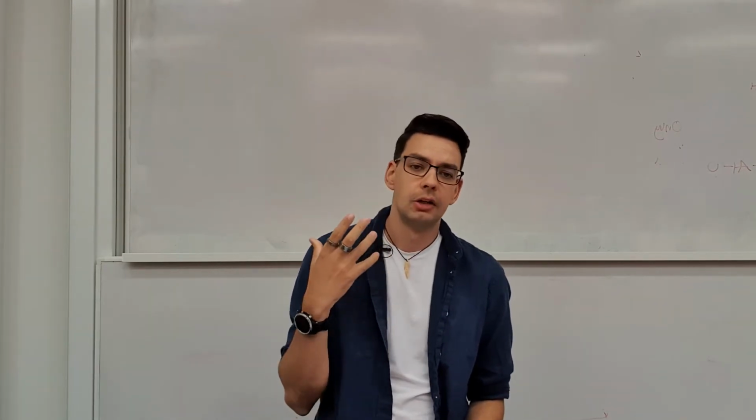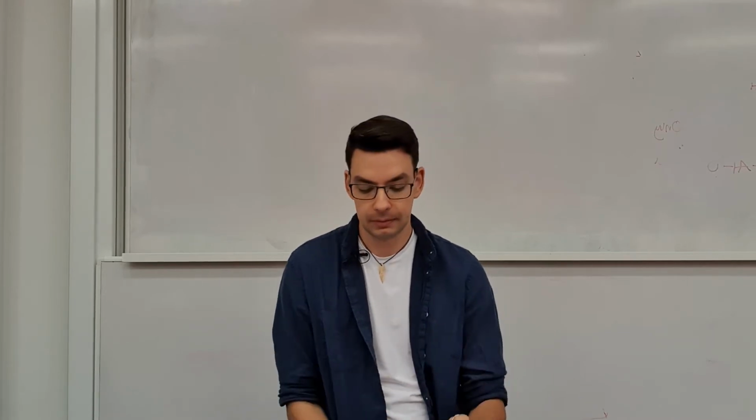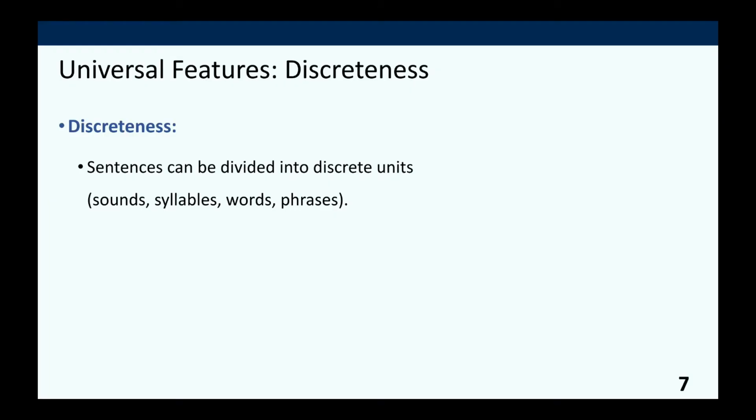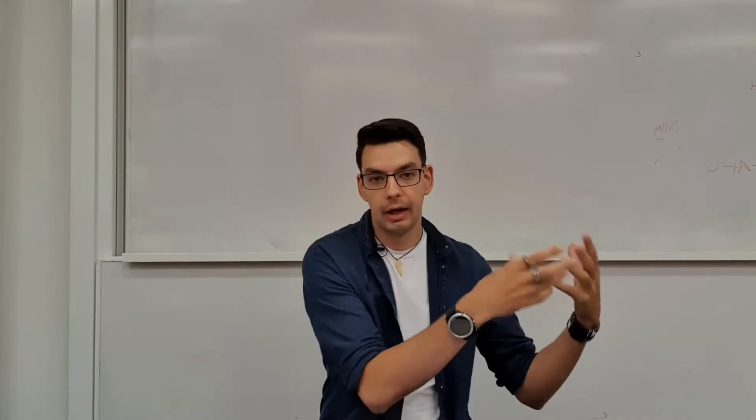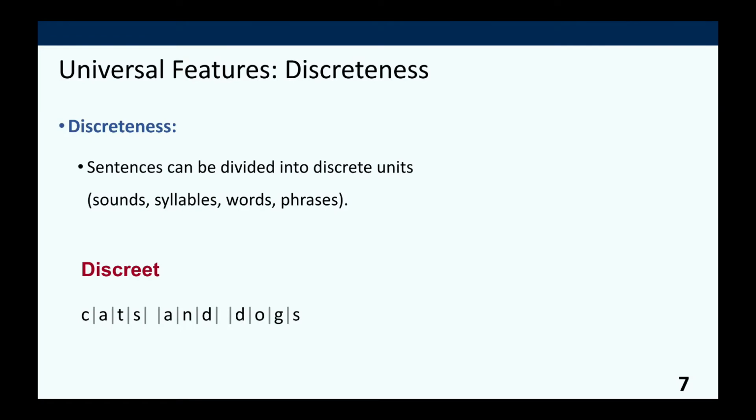So the first universal feature of language that we were looking at is called discreteness. Discreteness is when you can divide something up into well-defined units. So, for example, sentences can be divided into discrete units like sounds and syllables and words and phrases. For example, take the string of letters, cats and dogs, and you can divide this into individual characters.